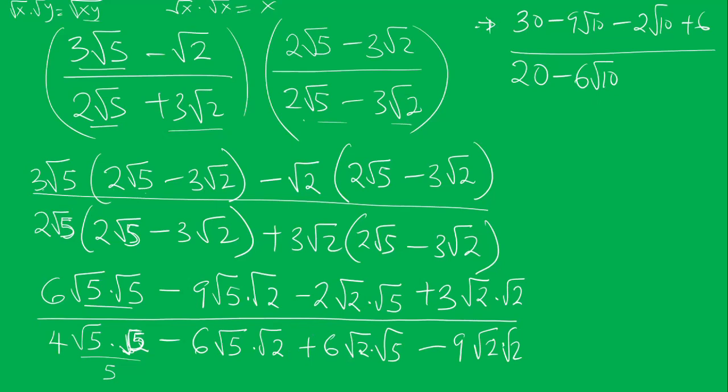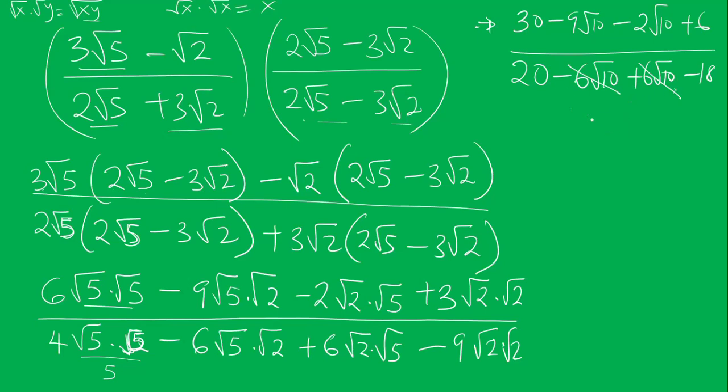Then root 2 times root 5 is plus 6 root 10. So now you have here root 2 times root 2 is 2. So minus 9 times 2 is minus 18. Now this expression and this expression are the same, so they will cancel out, because this value minus this value plus this value will give you 0.